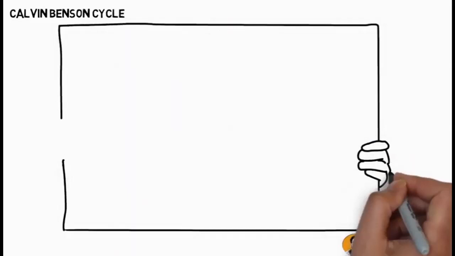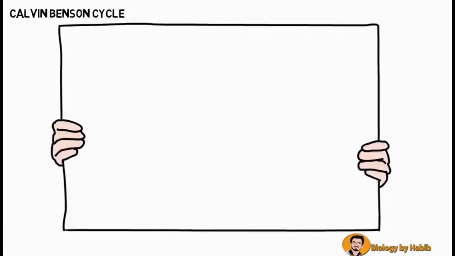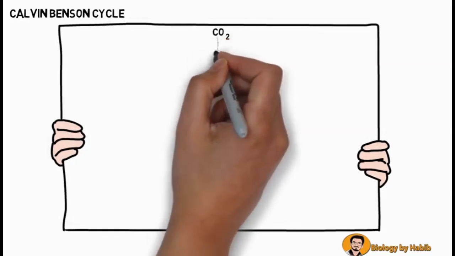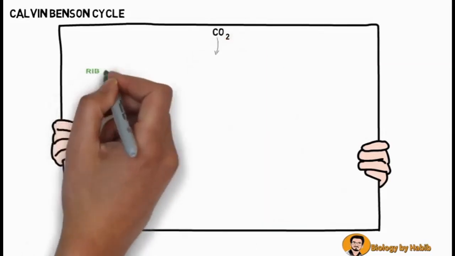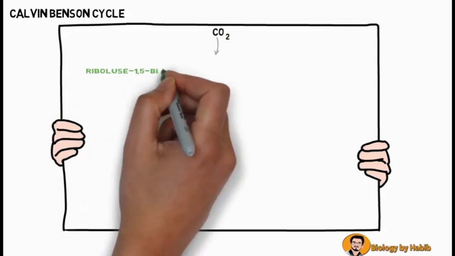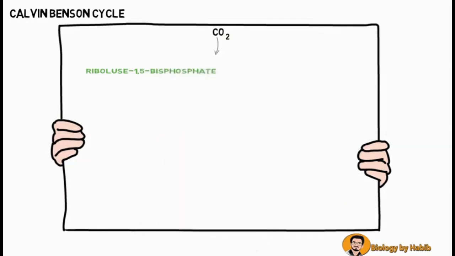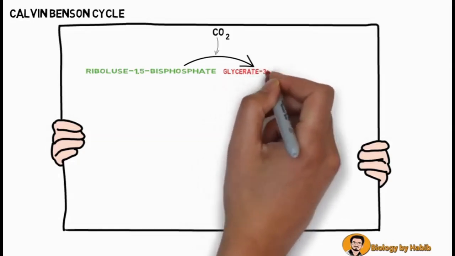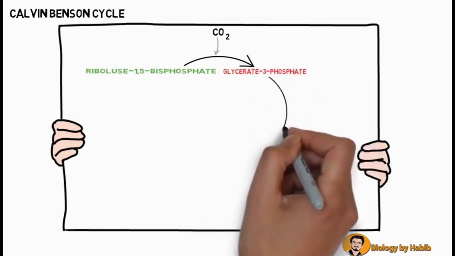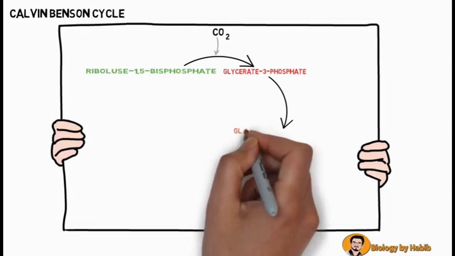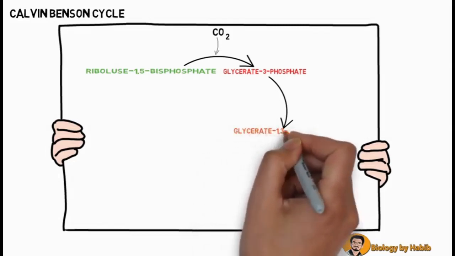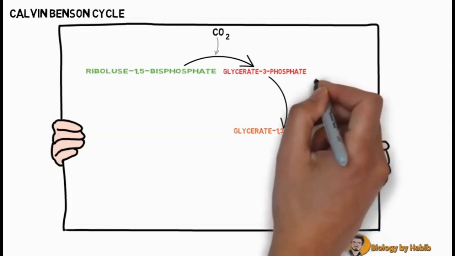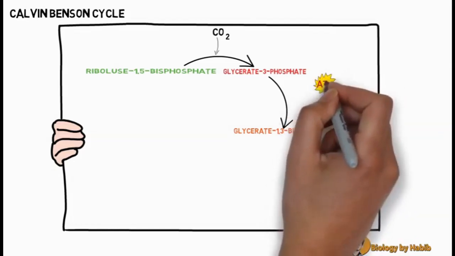So let's see how the Calvin cycle proceeds. First of all, the molecule of carbon dioxide absorbed from the atmosphere reacts with ribulose 1,5-bisphosphate and forms a 3-carbon compound called glycerate 3-phosphate. This glycerate 3-phosphate is phosphorylated into glycerate 1,3-bisphosphate by the consumption of ATP.